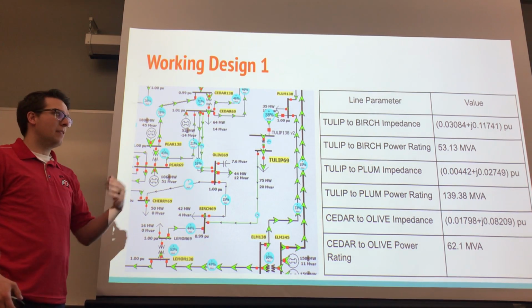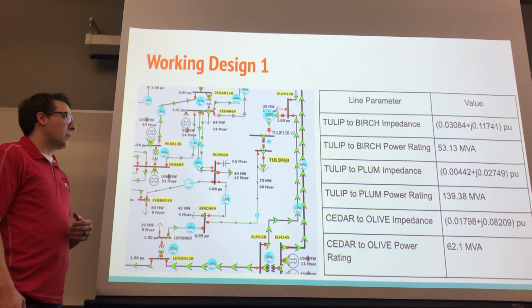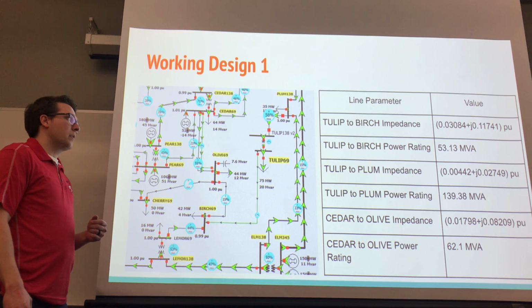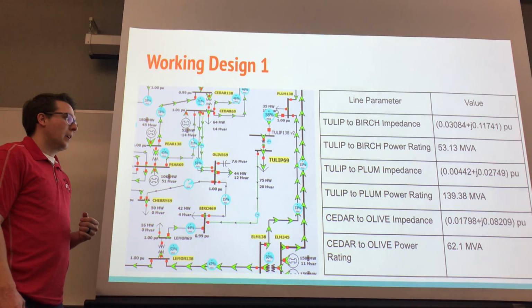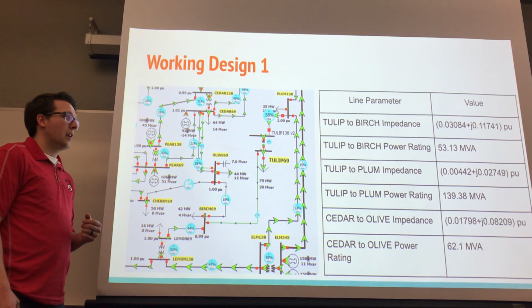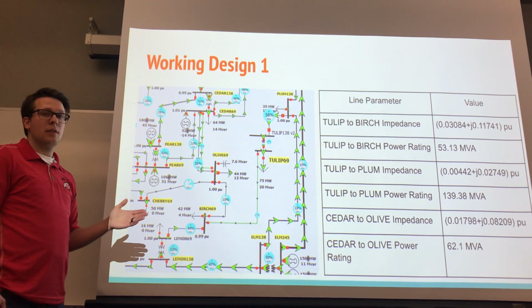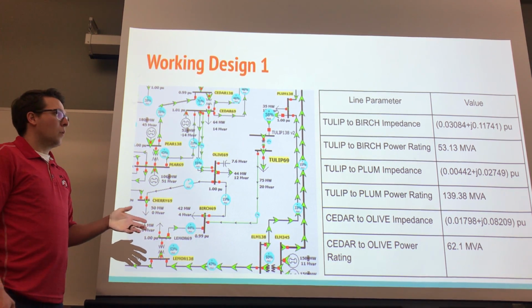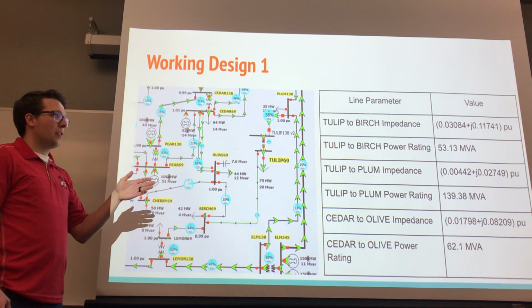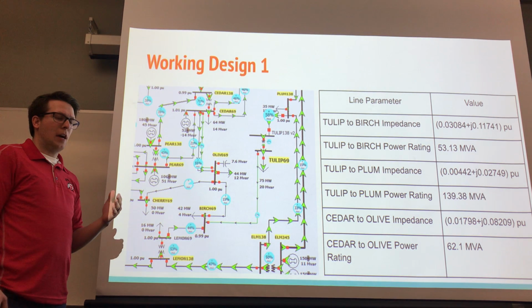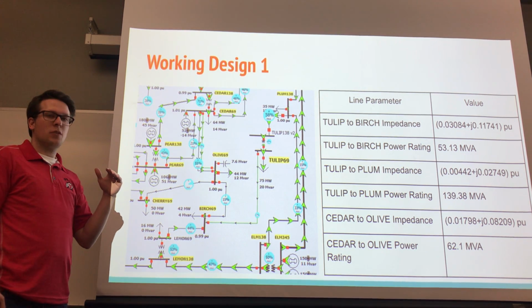As you can see from the table next to the picture, on this design we use Tulip to Birch, Tulip to Plum, and Cedar to Olive. Based on the values of the power rating with the 69 kV, the 53.13 MVA turned out to be our middle range of conductors we could use.